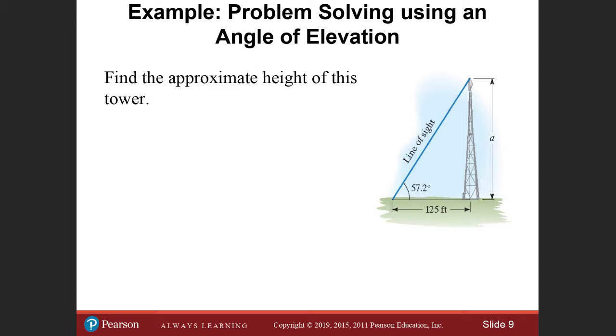Okay, so we will write that again. Tangent A is equal to A over B. And the angle A is 57.2 degrees. Our B actually is 125. Okay, and then we're looking for A, so we can cross multiply.